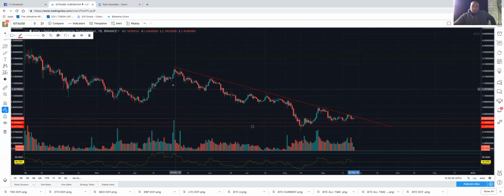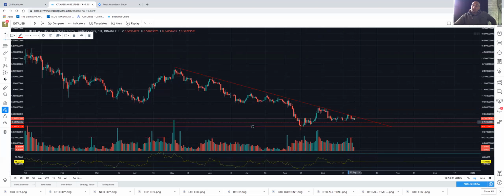Once again, the price has been respecting this downtrend line over here. Right now, we've been seeing quite a lot of sideways movement and not necessarily a retracement. This retracement over here was respected by this downtrend line. We then found support at this first support zone, known as S1, which is around 50 cents or 49 cents. We then retraced, now we're coming back down, and we are nearing the end of this triangle.